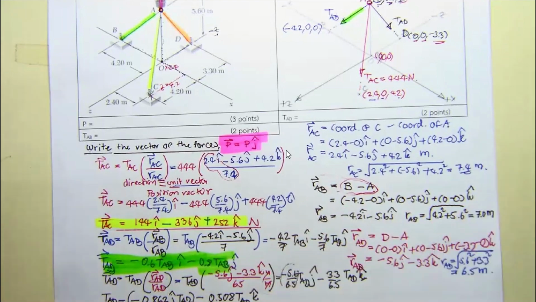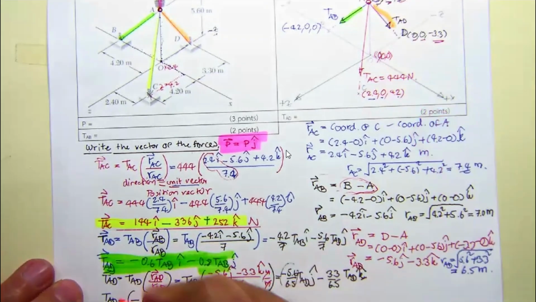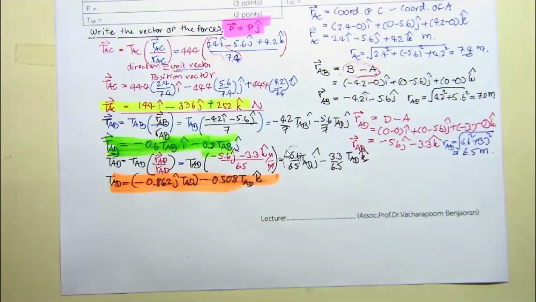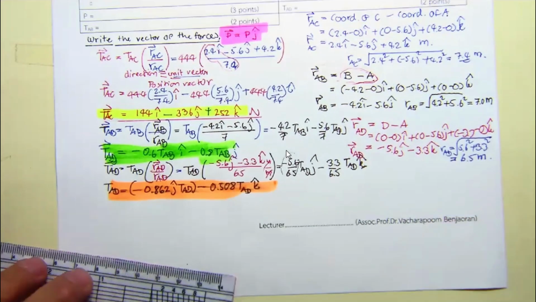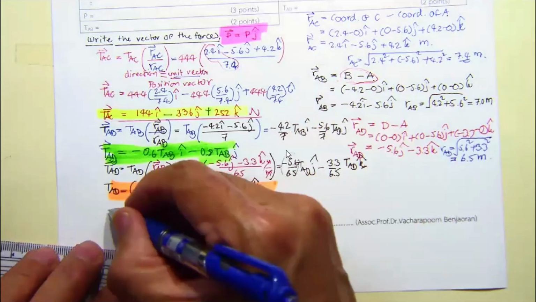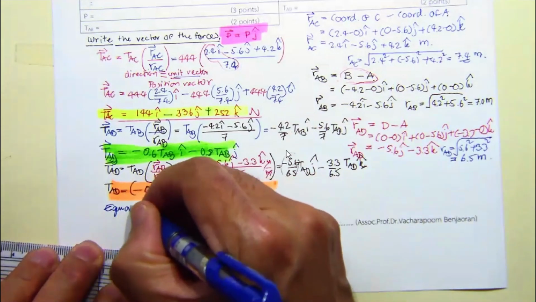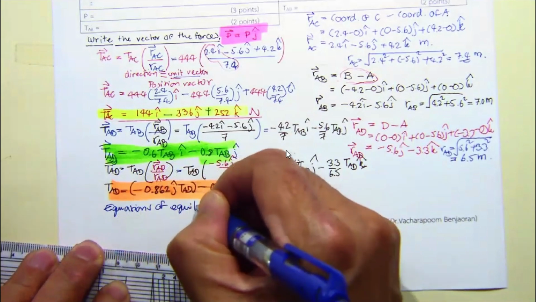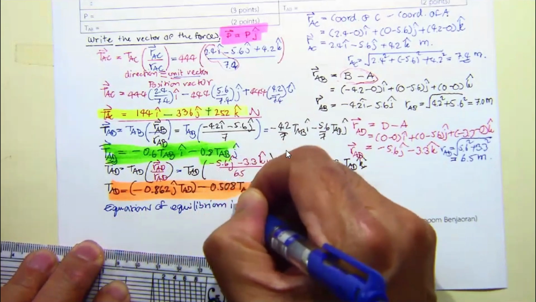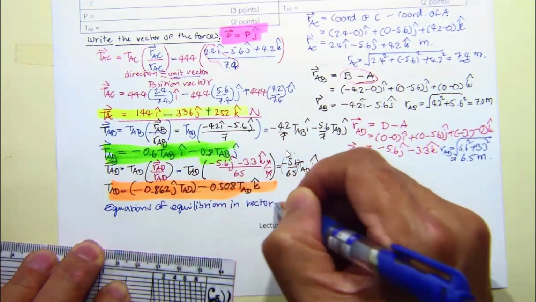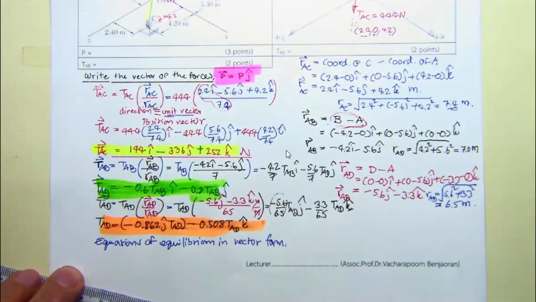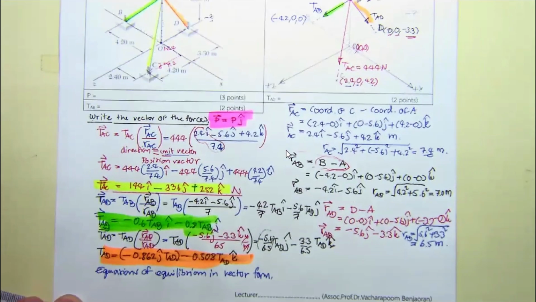Okay, we have the four force over here. All the force. What's going to be important? You can move now. You don't need the free body diagram. Okay. The third, the equations of equilibrium in vector form. In the vector form, how many forces do you have?